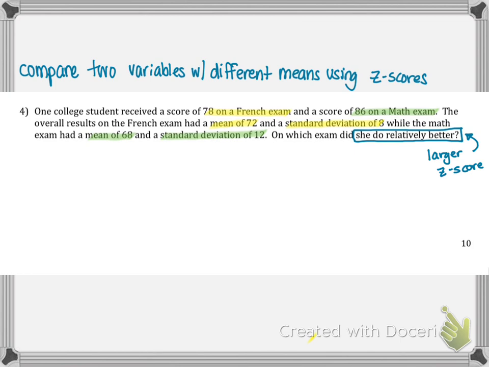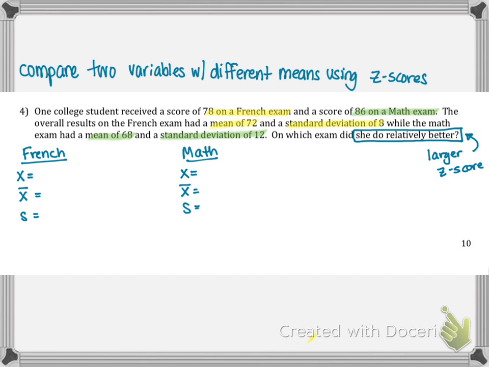What we can do, however, is compute one z-score for French and one z-score for math, and then compare the two scores we have. So we're going to do that, which means I'm going to make a small chart for French and a small chart for math to organize the information. And what we need is an X bar, and an S to be able to fill in the z-score formula.